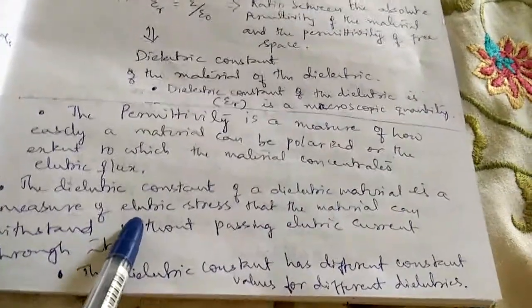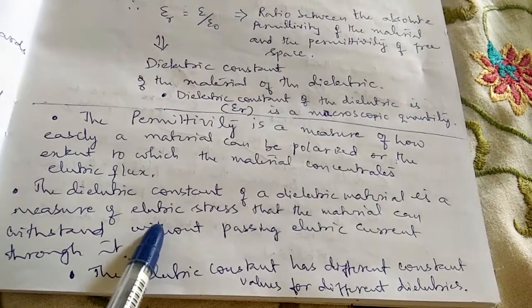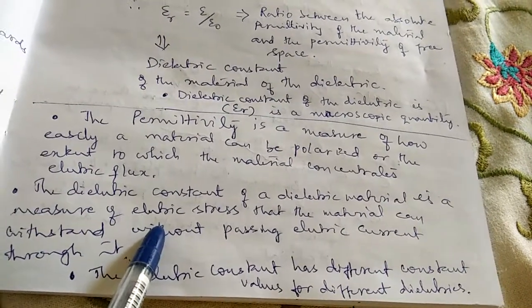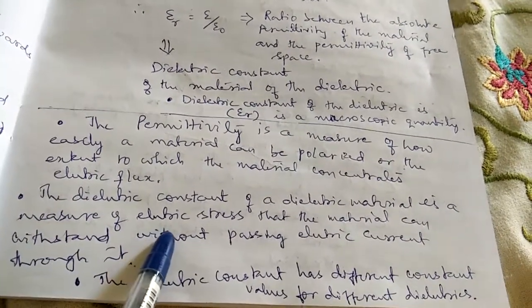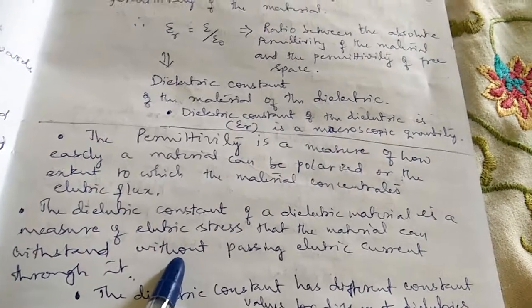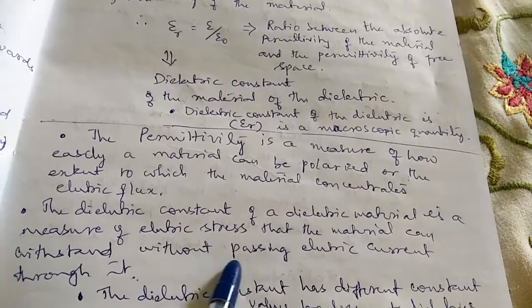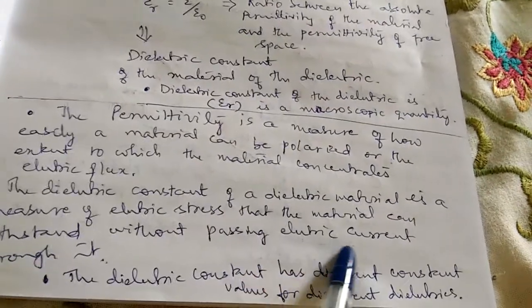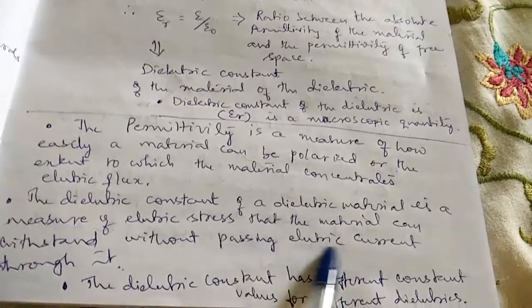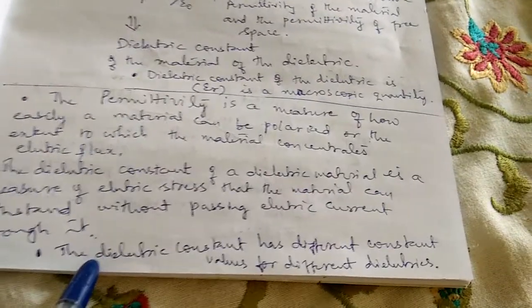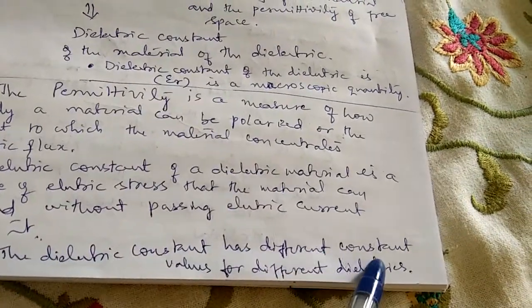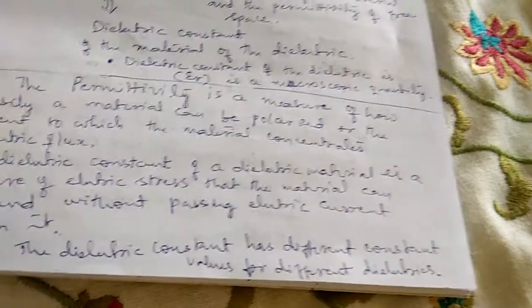Here it allows only the electric stress or electric field within the material, but it doesn't allow the current to pass through. The dielectric constant has different constant values for different dielectrics.